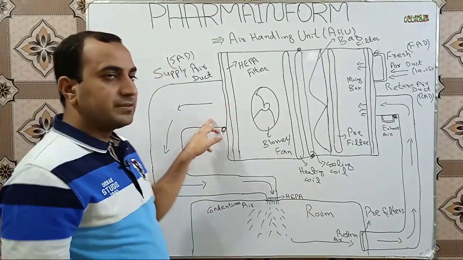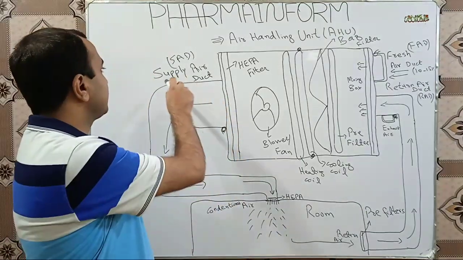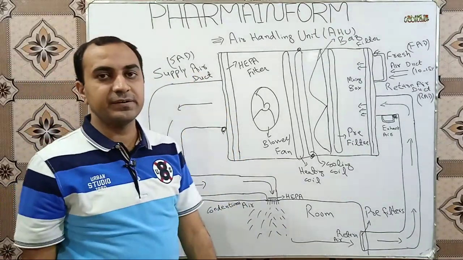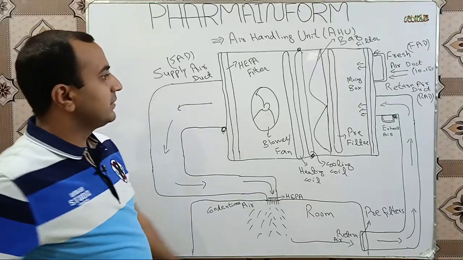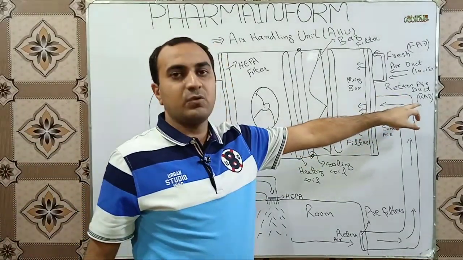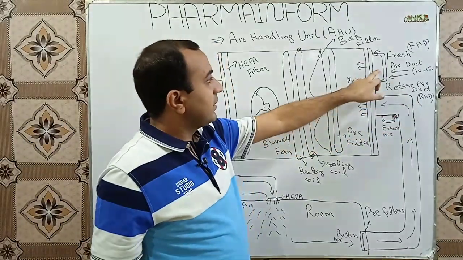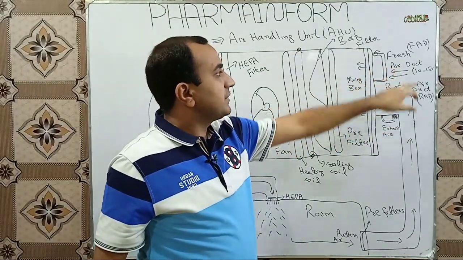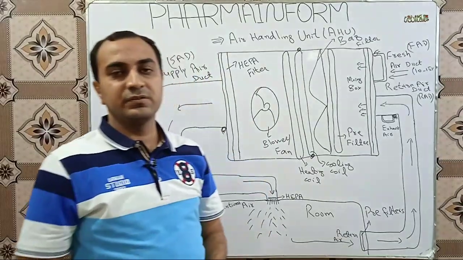From one side it is attached to the ducts, known as the supply air duct or SAD. From the other side it is attached to the return air duct or RAD, and it also has a fresh air duct or FAD.